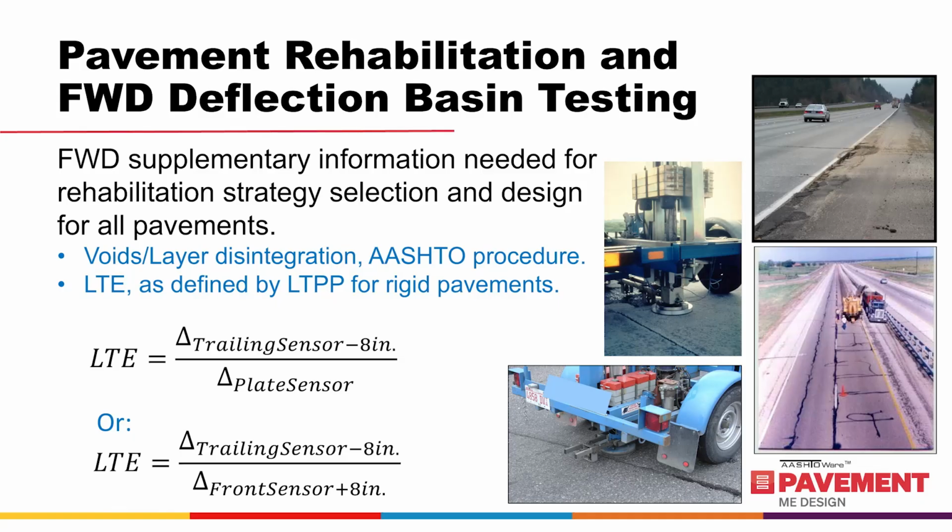The second is for estimating load transfer efficiency of transverse cracks and joints. The LTE, as defined by LTPP for rigid pavement, the equation shown on this slide is how the LTPP program applied it to measure the load transfer efficiency of PCC joints. However, a second equation has been applied to flexible pavement for estimating the load transfer efficiency of transverse cracks.